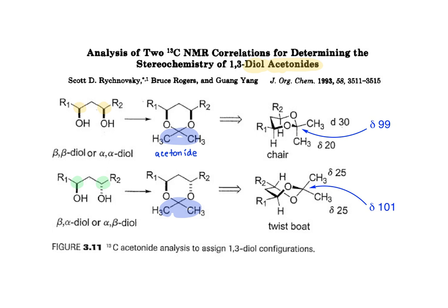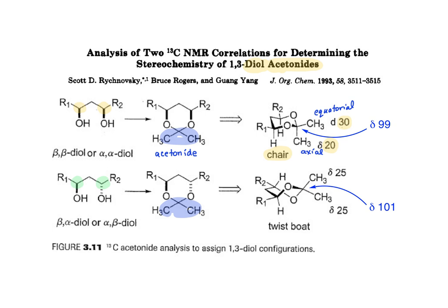If the hydroxyl groups are pointing in the same direction, then the acetonide will be chair-like with clear equatorial and axial methyl groups.